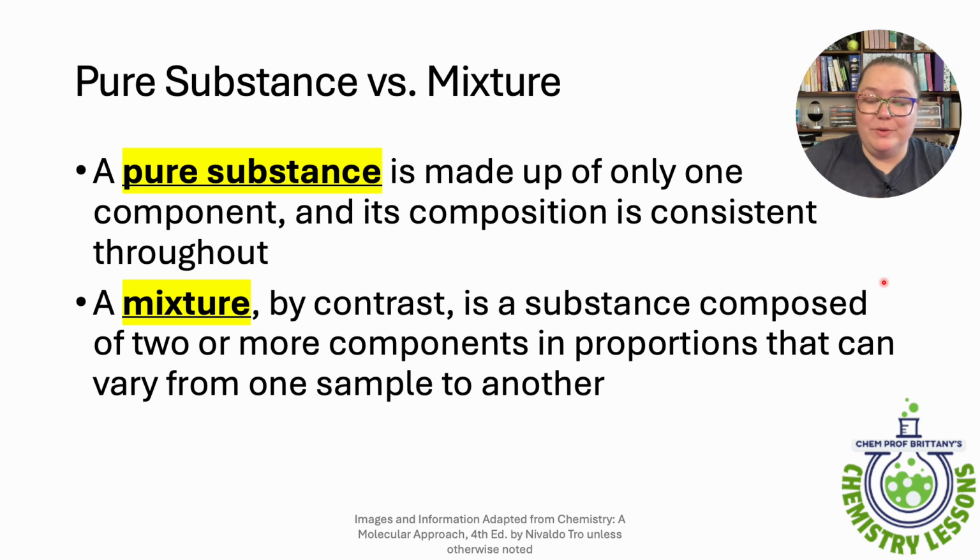First and foremost, we can talk about pure substances or mixtures. Pure substances are if it's all the same stuff, one component with a consistent composition throughout the entire thing. A mixture is made up of two or more components, and it can vary from place to place.